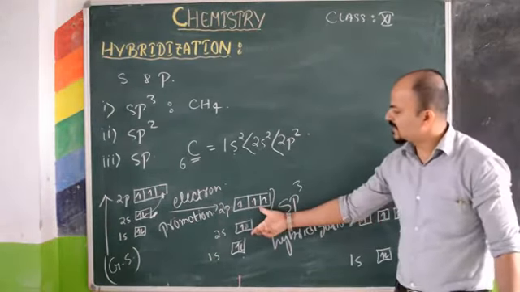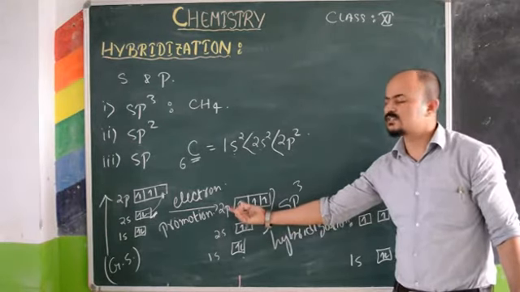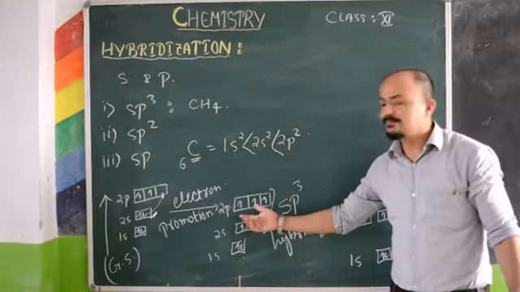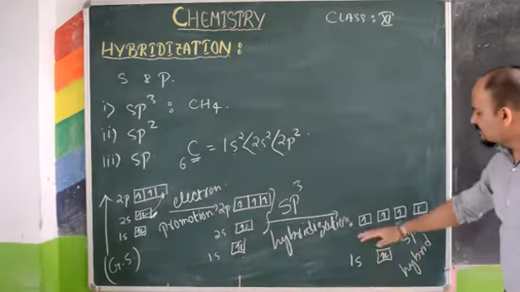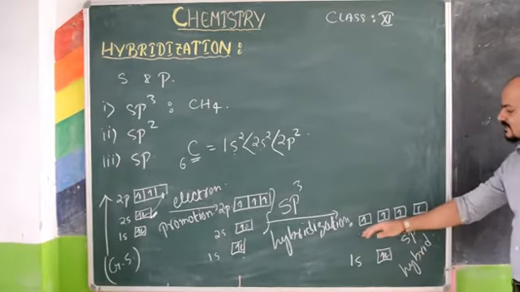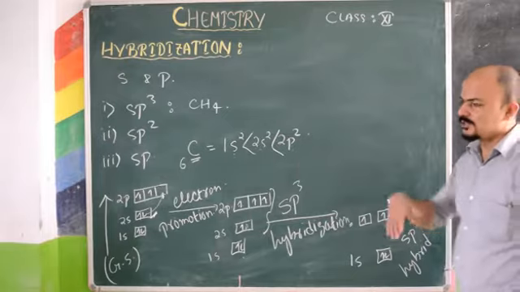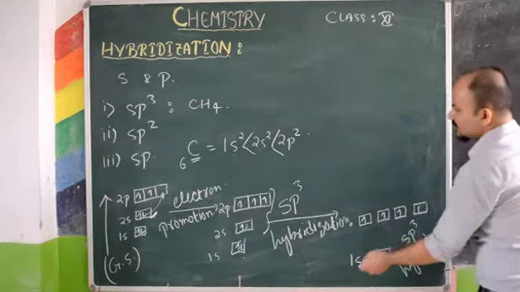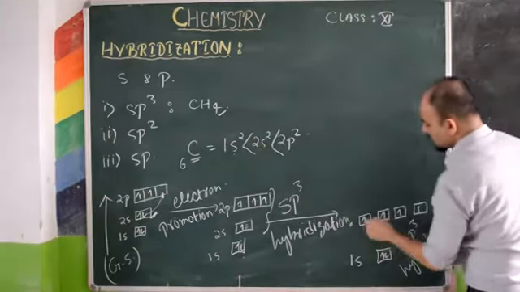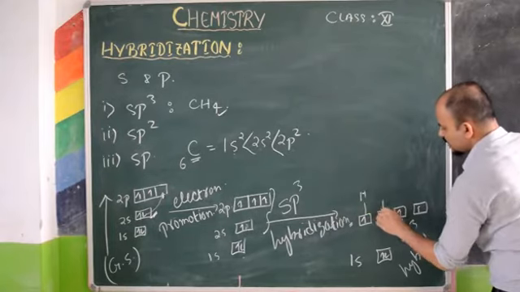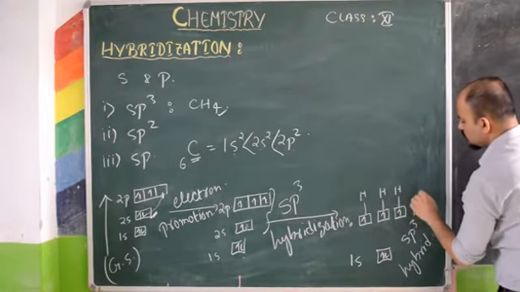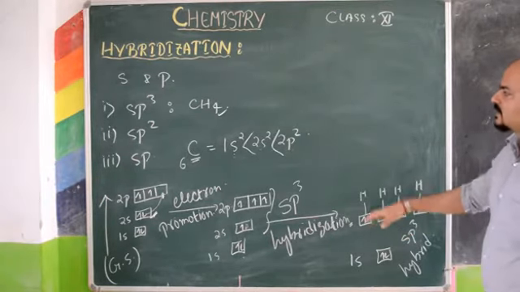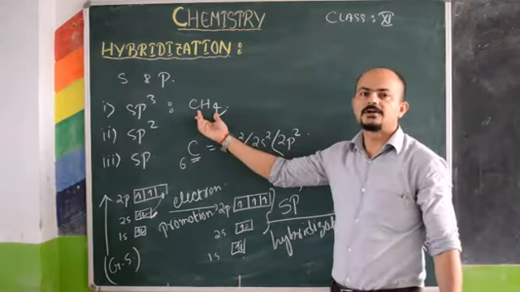They had differences in energy and shape: s was spherical, p was double-lobed, but after hybridization everything becomes the same. These hybrid orbitals will be involved in bond formation. In methane, the unpaired electrons will be bonded with one electron of hydrogen to give the sp3 hybridized, tetrahedral structure of methane.